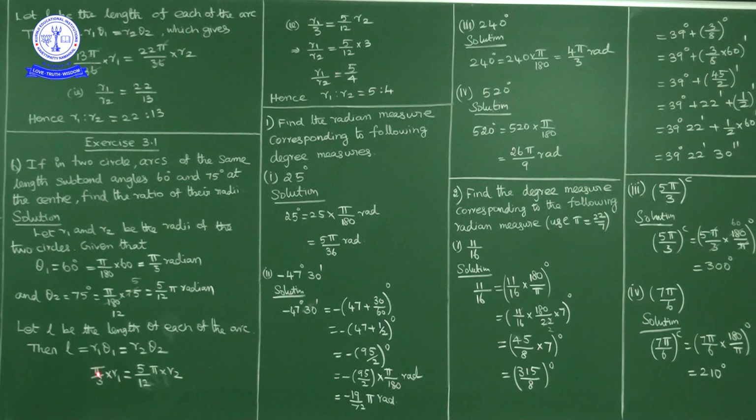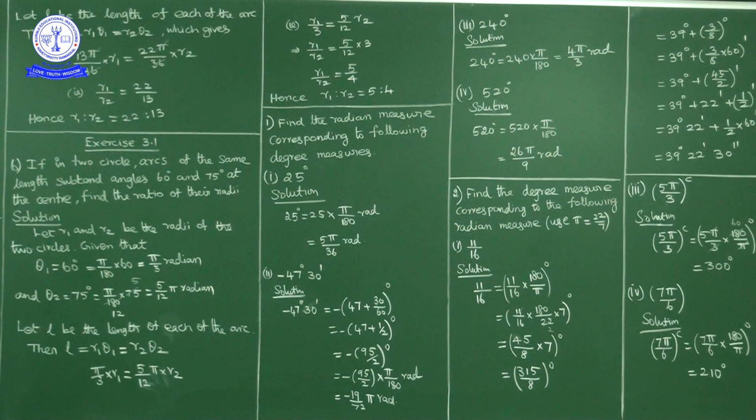Pi cancels on both sides, so R1 upon 3 = 5 by 12 into R2. Taking R2 to one side and 3 to the other, the 3 cancels, and R1 upon R2 is 5 upon 4. So R1 is to R2 is 5 is to 4.